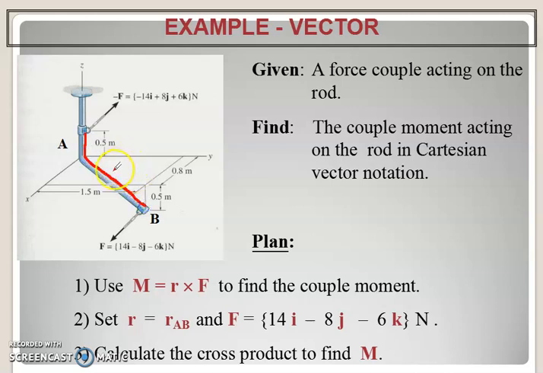So this is your line of action of R, and then this is your F. Either you take this F or this F. In this case, I take this F here. So R cross with F, and you will get the moment of this system. Then calculate the cross product to find the M.